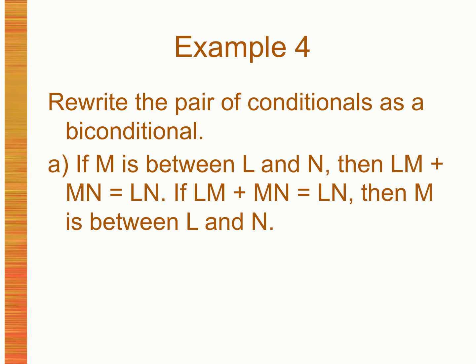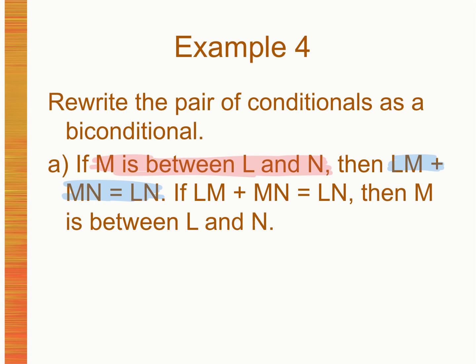All right, and the last example says rewrite the pair of conditionals as a biconditional statement. So I'm going to go ahead and write these. I have two. I will call the first one my conditional statement. Looking at it, I have: if M is between L and N, then LM plus MN is LN.